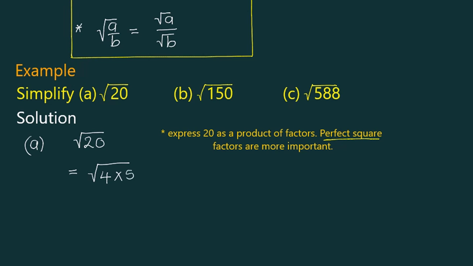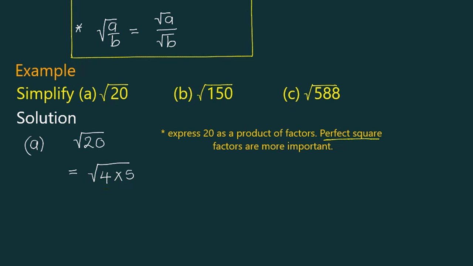So the square root of 20 is the same as the square root of the product 4 multiplied by 5. Why have I chosen these factors specifically? Because one of the factors here is a perfect square, that is 4. So that's why I have chosen to express 20 as a product of factors involving the perfect square factor, which is 4.